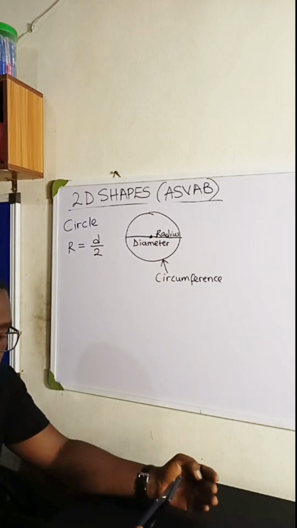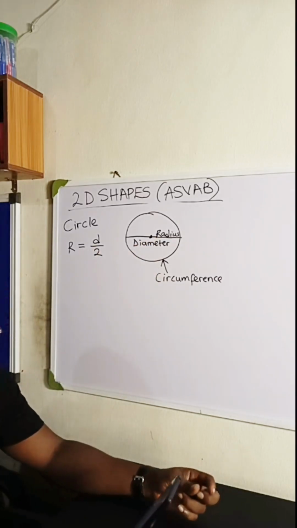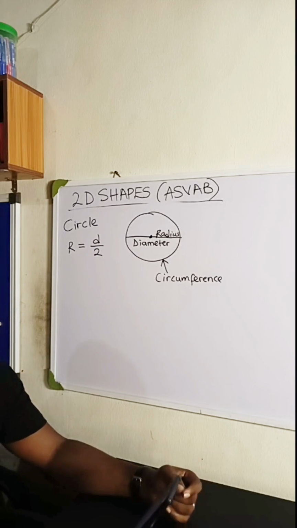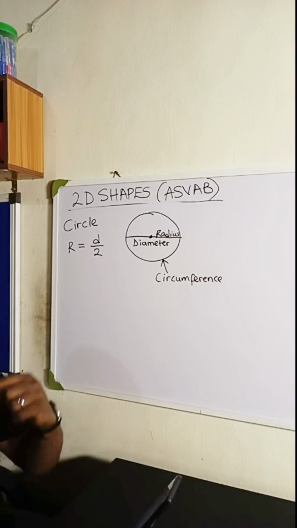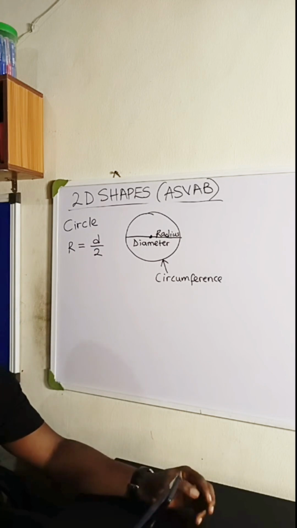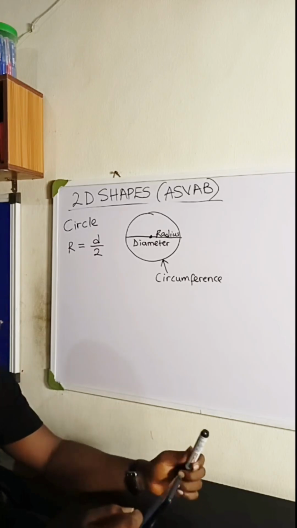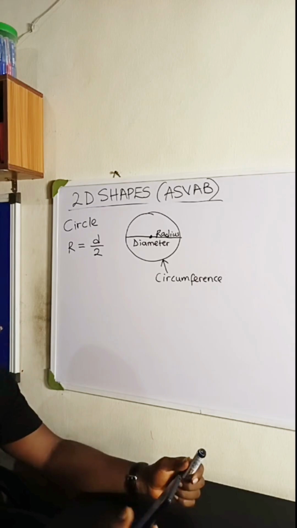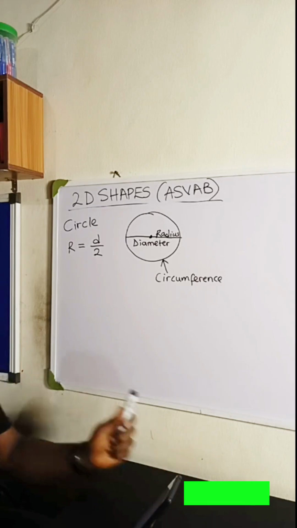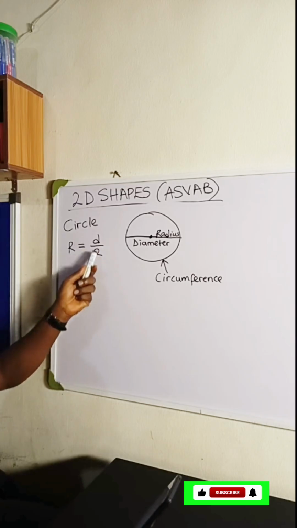Sometimes in a particular question, you are told to calculate the area of a circle, but instead of being given the radius, which is found in the formula, you might be given the diameter instead. If you're given the diameter, all you need to do is divide the diameter by 2. That will give you the value of the radius. So the radius is equal to diameter over 2.